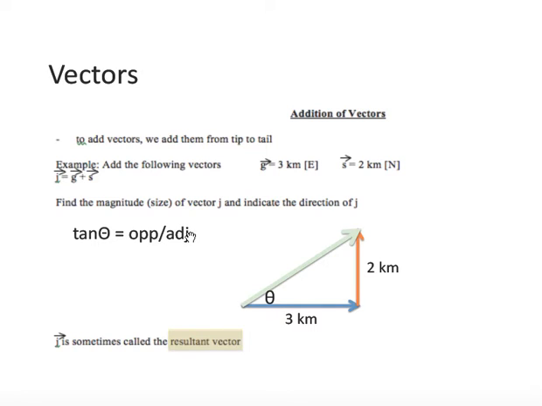Recall that the tangent of theta is equal to the side opposite divided by the side adjacent. The side opposite is 2 kilometers in length, the side adjacent is 3 kilometers in length. We use the function inverse tan, and we end up with the following angle, 33.7 degrees.